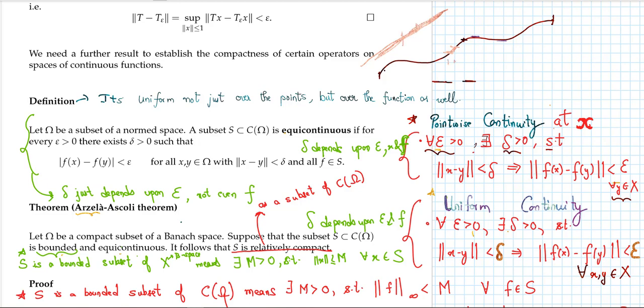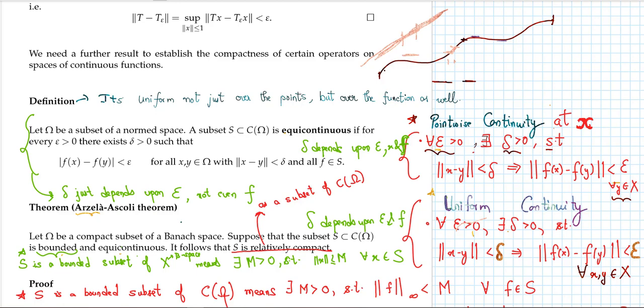But now, for every change in epsilon, the change in delta also remains to be the same. So by definition, uniform continuity means that for every epsilon greater than 0, there exists a delta greater than 0 such that the norm of x minus y is less than delta implies that the norm of f of x minus f of y is less than epsilon for all x, y belonging to capital X.